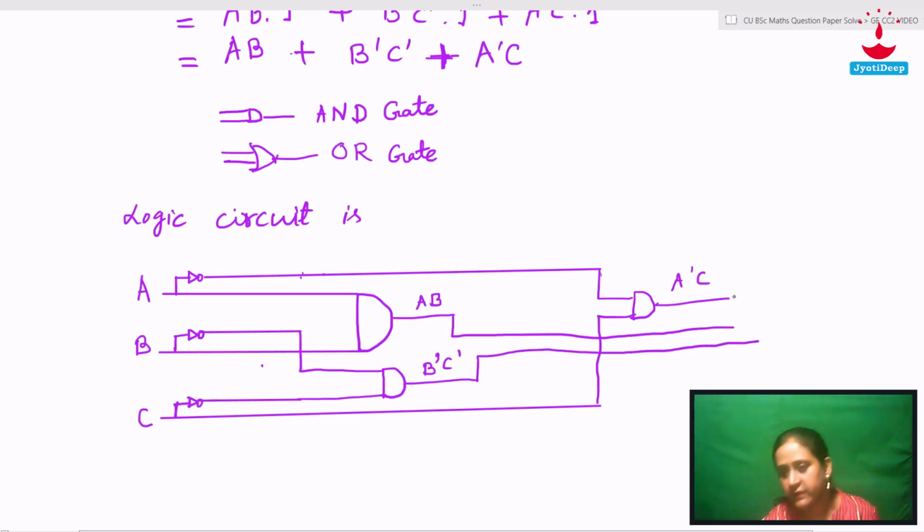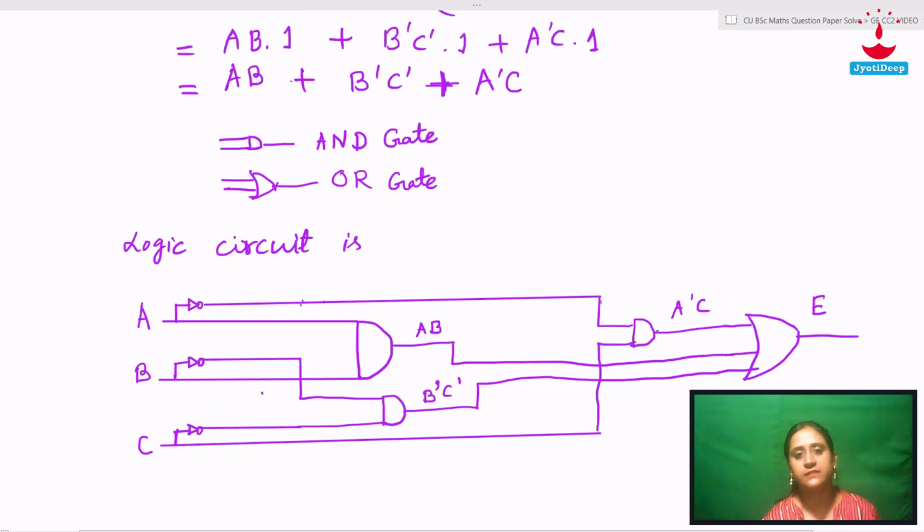Now these three outputs have to be connected to the OR gate. So this is the final result E, A dash C plus AB plus B dash C dash. This is our logic circuit.